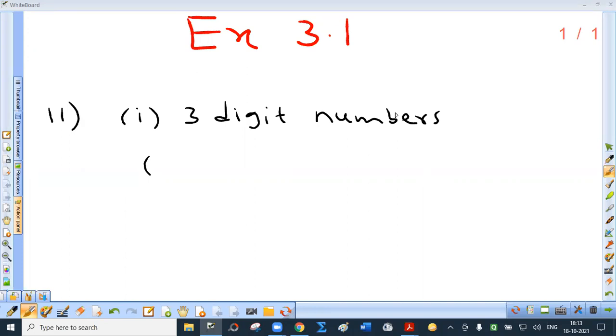Therefore 3 into 4 into 3 equal to 36 such numbers can be formed.